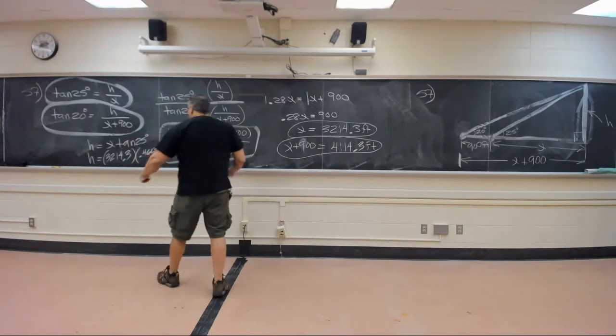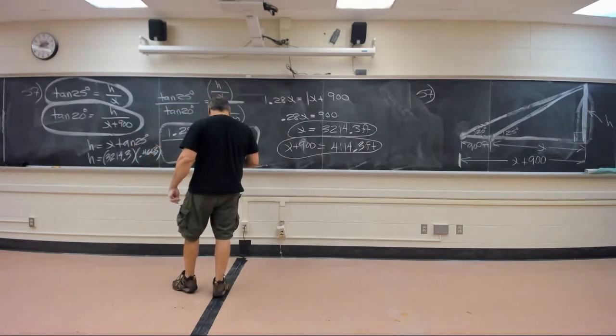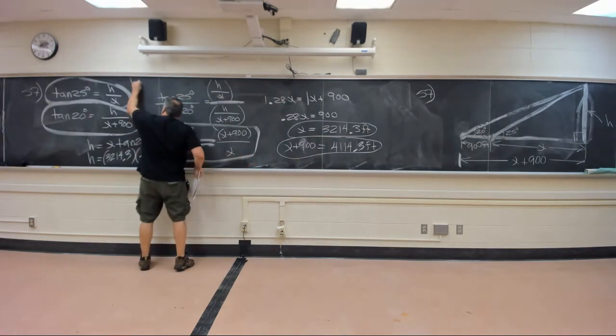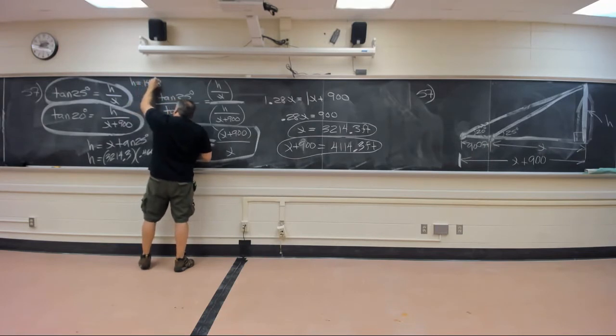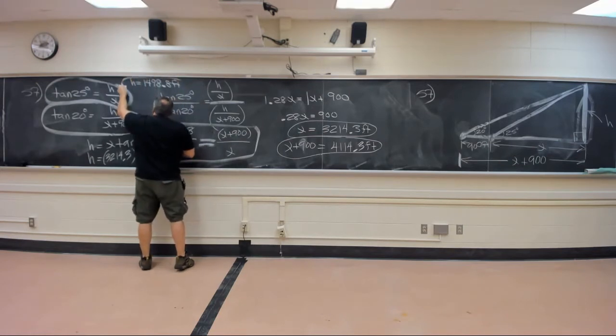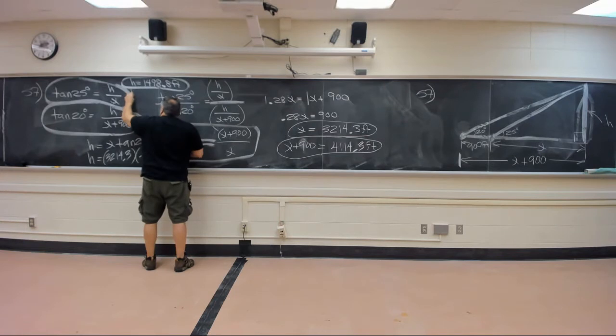And the rest, you just grind out the answer. You grind that out, guys, you got what H is. H is pretty close to 1,498.8 feet. H is 1,500.